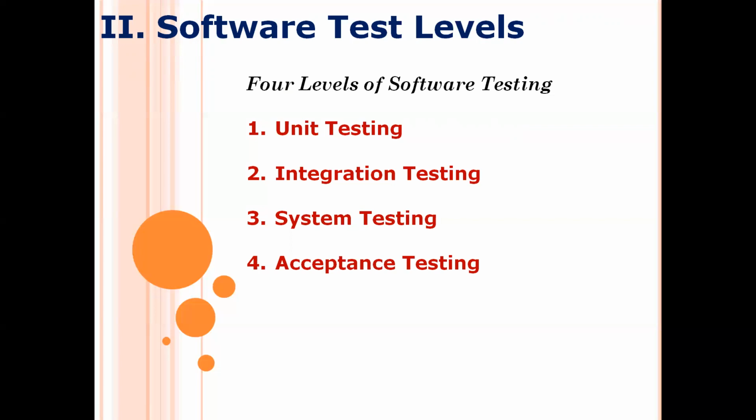Testers may vary from one level to another. For example, in unit testing, testers are developers. In system testing, testers are independent testers like you people. Next, the fourth one, in acceptance testing, testers are end users.